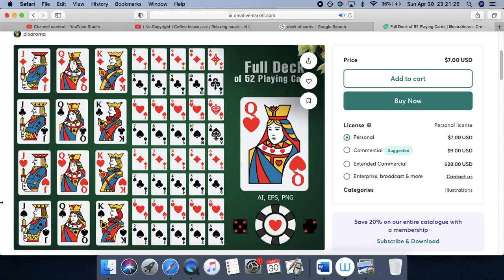So there's ace, 2, 3, 4, 5, 6, 7, 8, 9, 10, jack, queen, king of spades, and then of hearts, and then of clubs, and then of diamonds. So there's 13 of each.